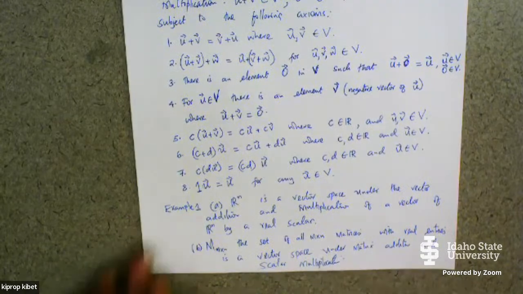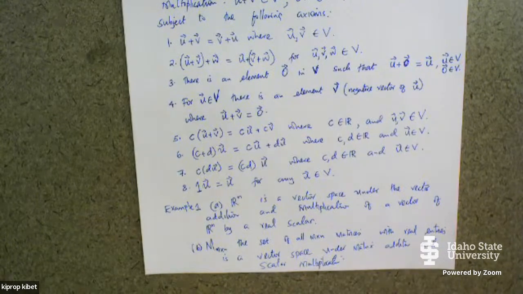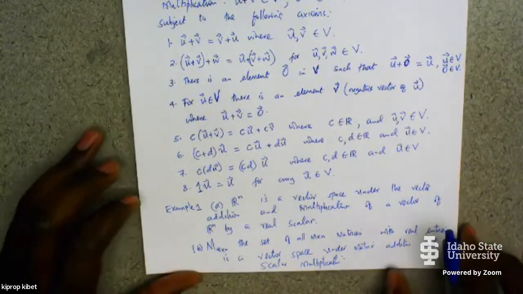We also saw this one. Those are the main examples of vector space. Okay.